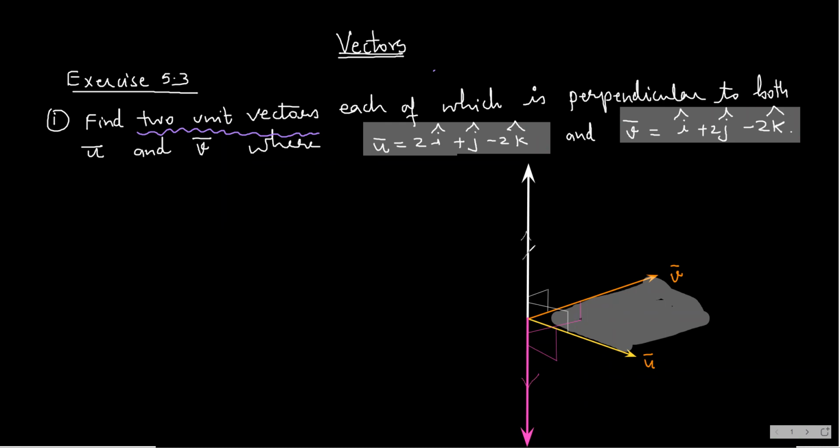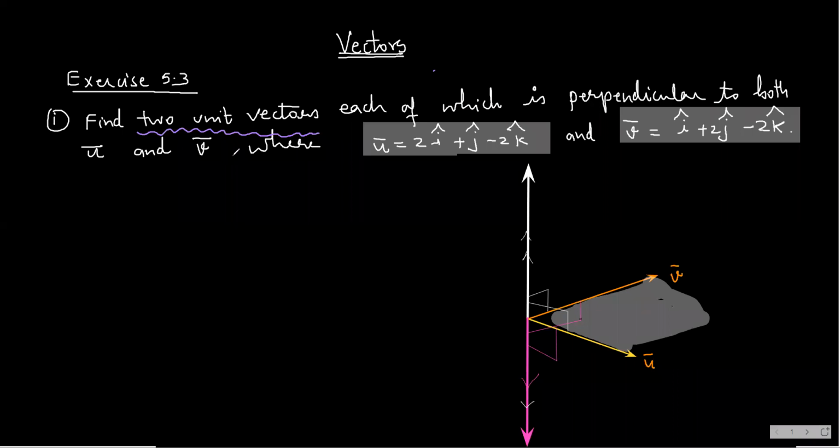See, these two directions are perpendicular to u bar and v bar. That is, both the directions are perpendicular to the plane of u bar and v bar. I tried to show you the 3D picture of it. u bar and v bar make a plane, and these two are perpendicular to this.